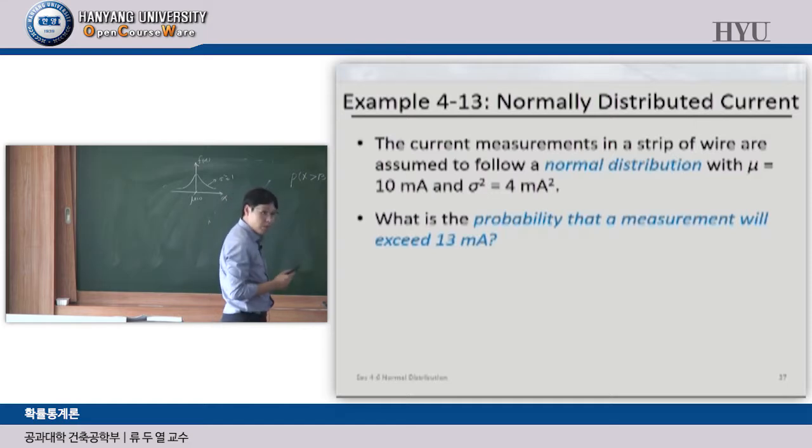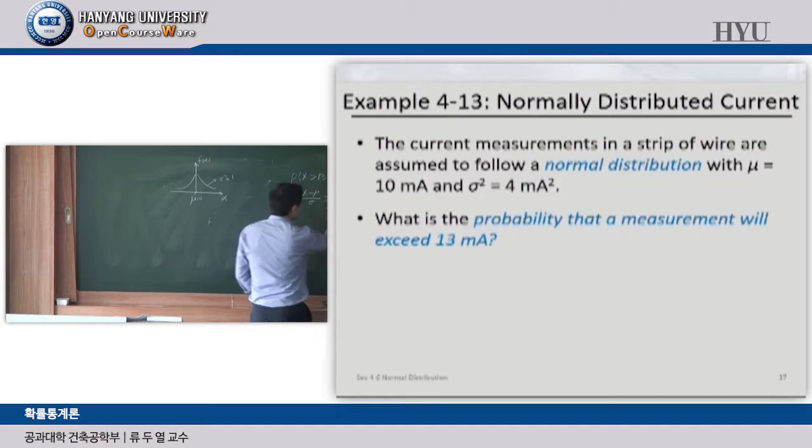Based on the previous equation, this can be changed to the probability that (X minus mu) over sigma is larger than (13 minus 10) over 2, because mu is 10 and sigma squared is 4, so sigma is 2.